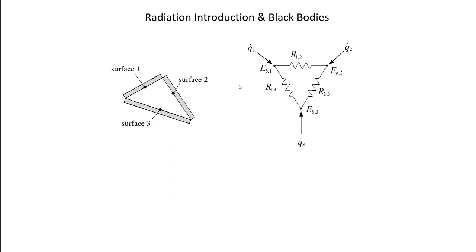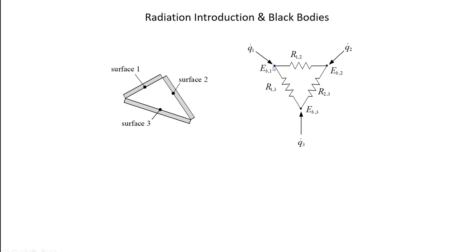I guess it should be pretty obvious that if I have more than 3 surfaces, this network idea becomes hopelessly complicated in the sense of drawing a resistance network with 4, 5, 6 surfaces, it becomes spaghetti, right? And one of the reasons is because in a radiation problem, it's typically the case that every surface can see every other surface.